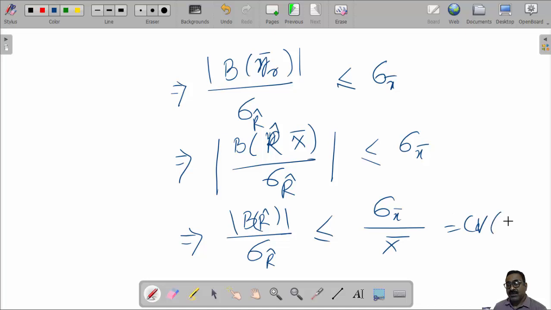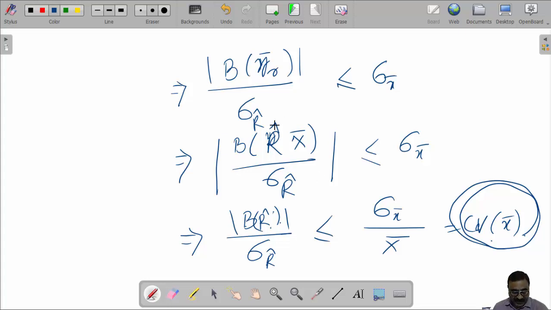That is equal to coefficient of variation of x̄. So this is the bias of the ratio estimator divided by its standard deviation. That means the relative bias is bounded and it is less than or equal to the coefficient of variation of x̄.